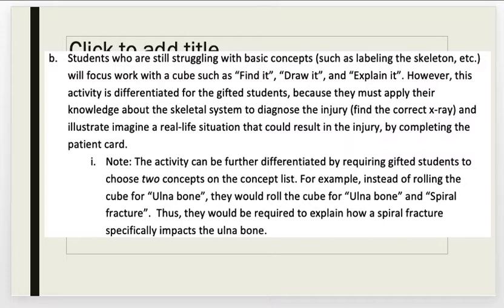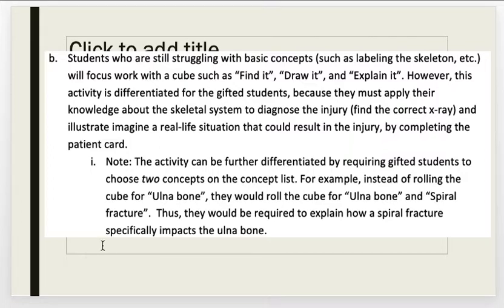Some students who are struggling with basic concepts worked with a cube that just had components that were lower, such as Find It, where they located the actual bone on the skeleton, Draw It, and Explain It. And then for the more gifted students, they focused on a higher level, such as Diagnose and Imagine.